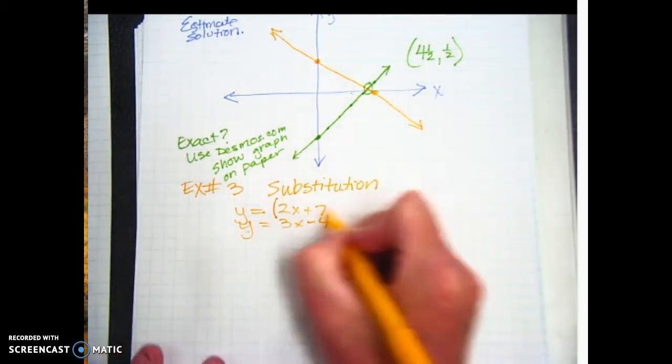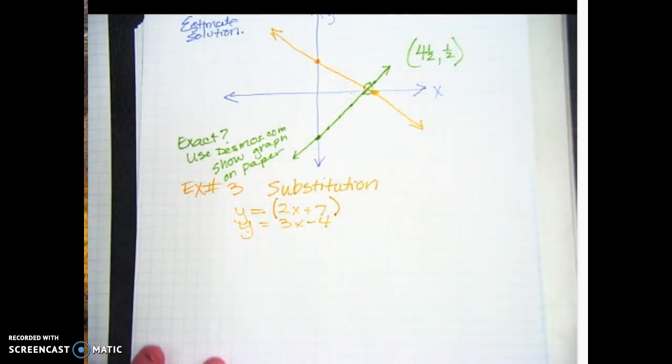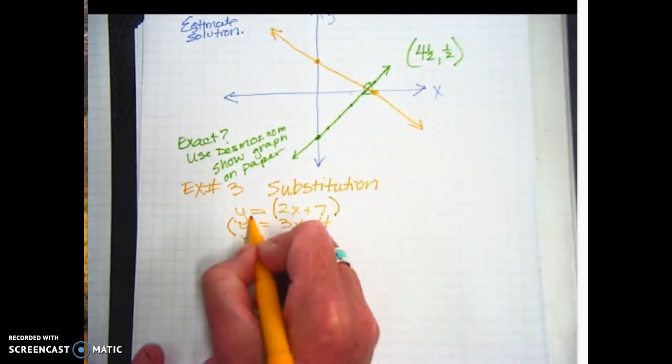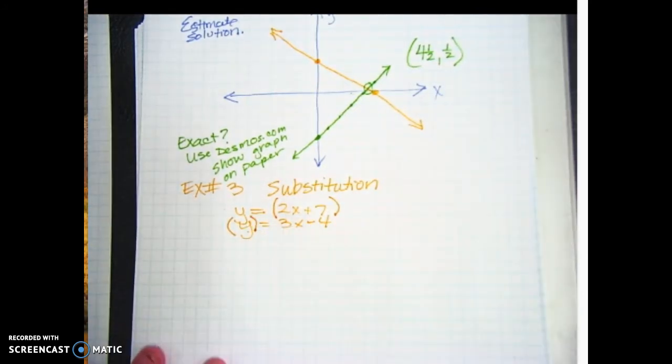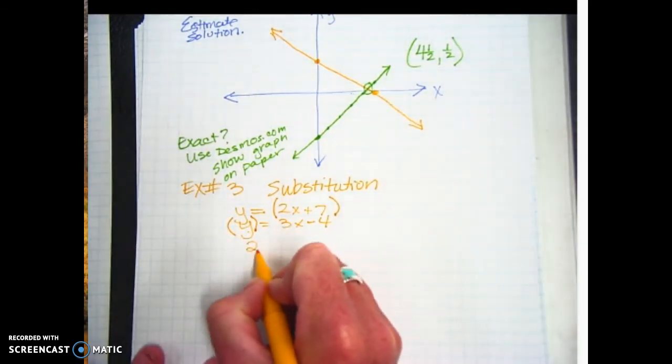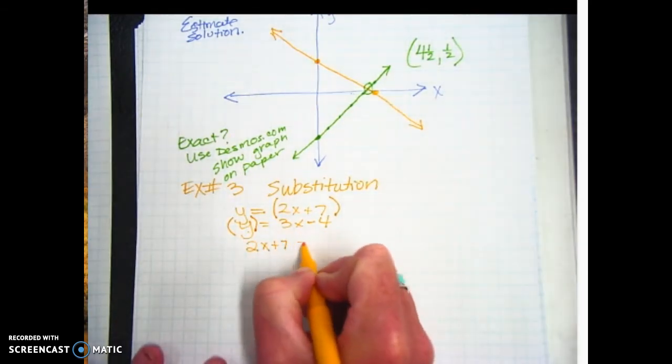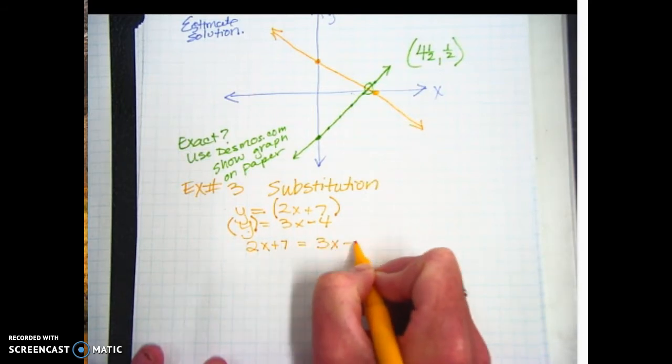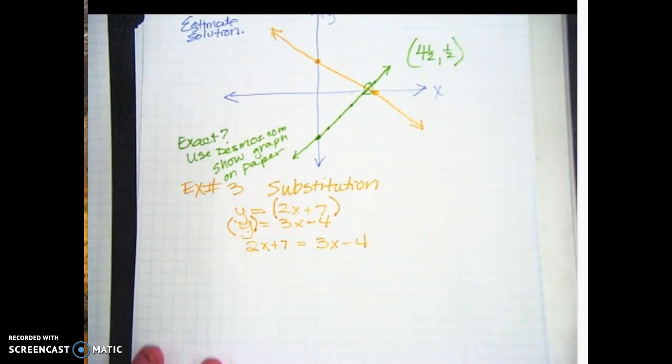All right, so the first equation is already solved for y. So I'm going to take everything that y is equal to and substitute it into the other equation where the y is at. So on this problem, it becomes 2x plus 7 equals 3x minus 4. They're essentially equal to each other because they're both equal to y, right?